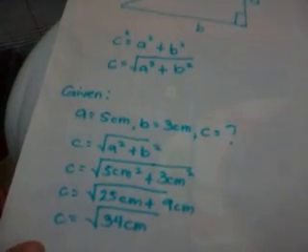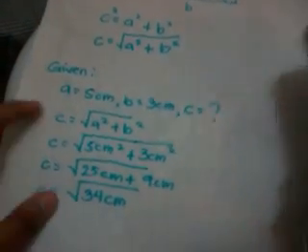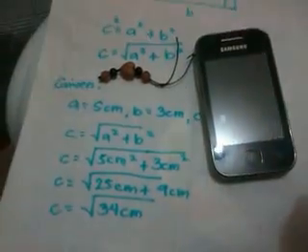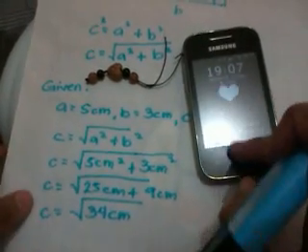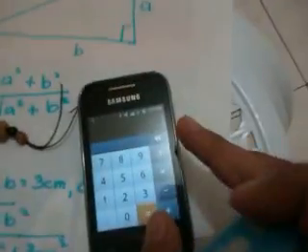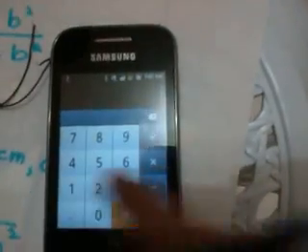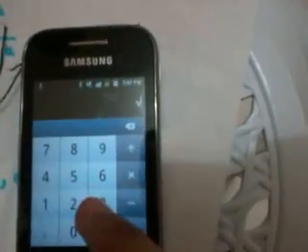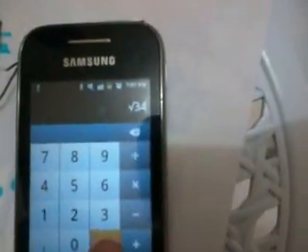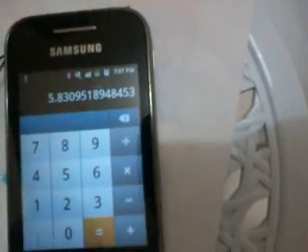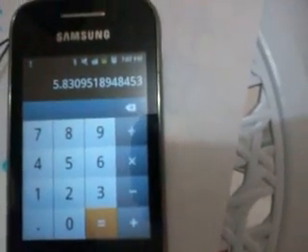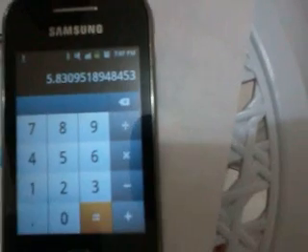Now we will use the calculator for solving the square root of 34. The square root of 34 is equal to 5.83.